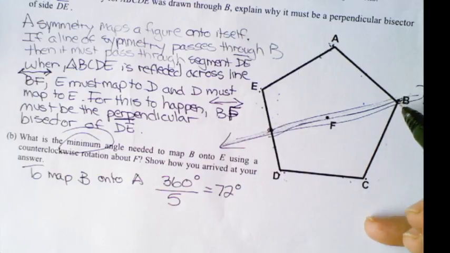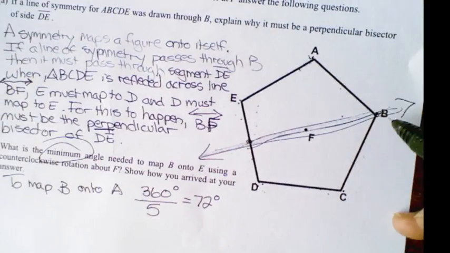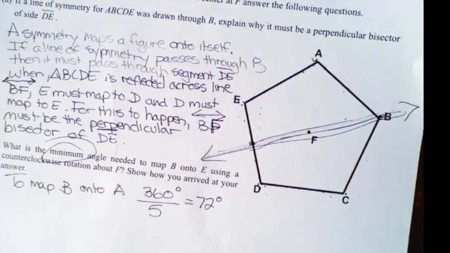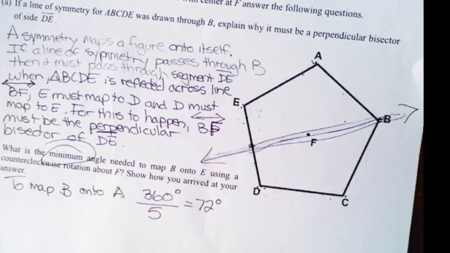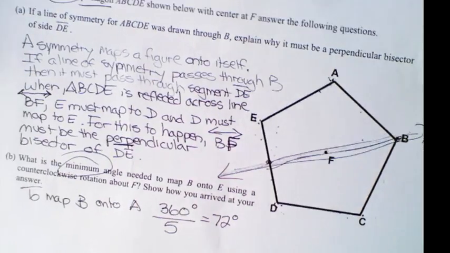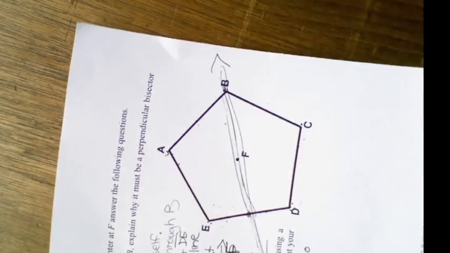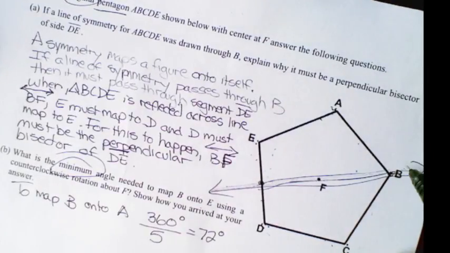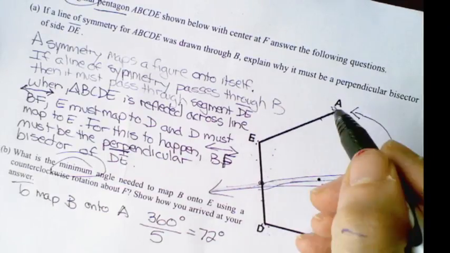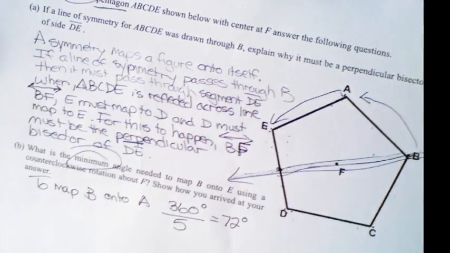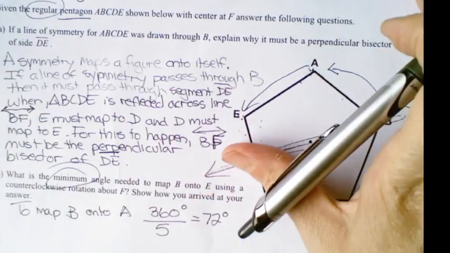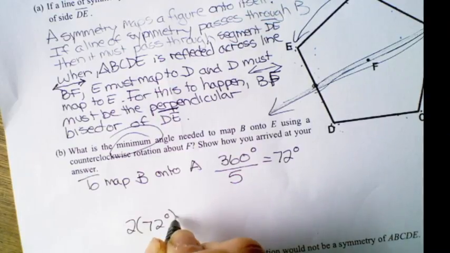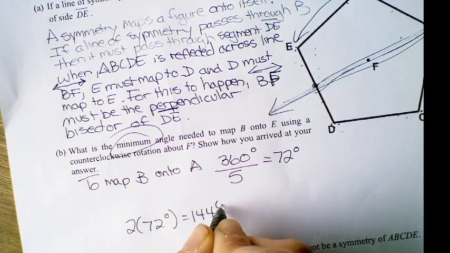The reason is because if I turn my image to the right clockwise, I'd have to do 3 turns to bring B over to E. But if I go counterclockwise, 1, 2, right? Going this way, that's a 72-degree turn and another 72-degree turn. So the minimum I would need if I'm being efficient would be 2 times 72 degrees, which is 144 degrees.